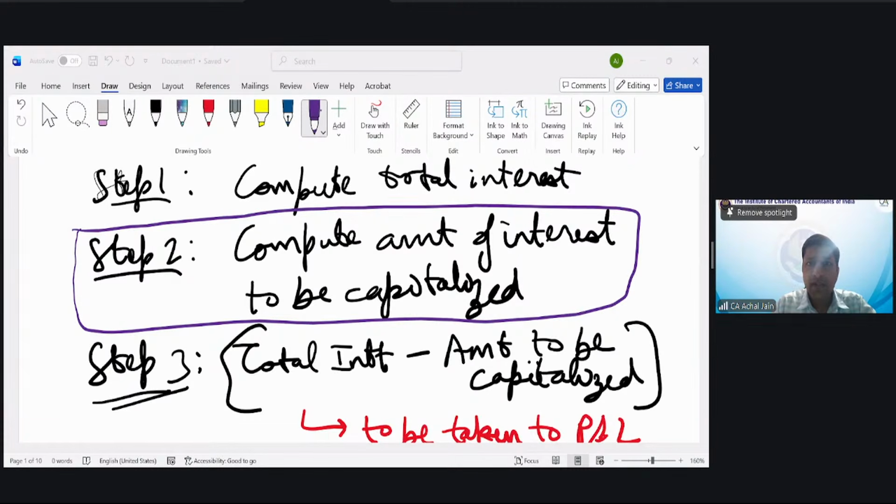Okay, so then I can see this query from Kambira Kajanara. So he's asking, we can take the interest of qualifying asset and deduct from total interest. Yes. So exactly this is what we have done. Okay.